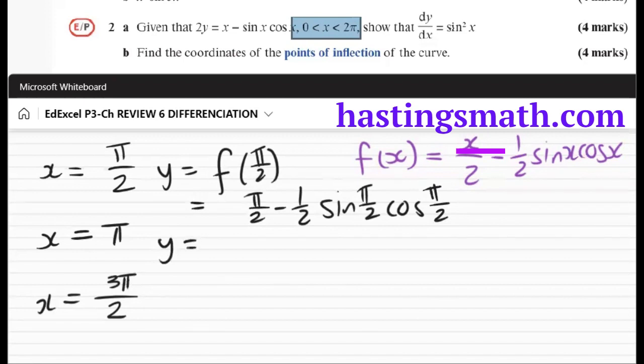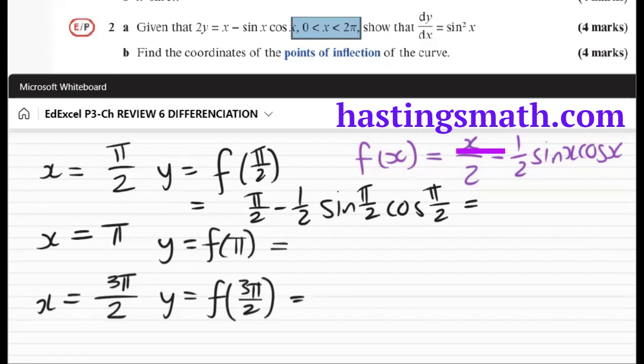So this one would be f of pi, and this one would be f of 3 pi over 2. Okay, so we're just subbing it in. Use your calculator, and for this first one I get pi over 4. The next one, when it's pi, I get pi over 2. And the last one, I get 3 pi over 4.